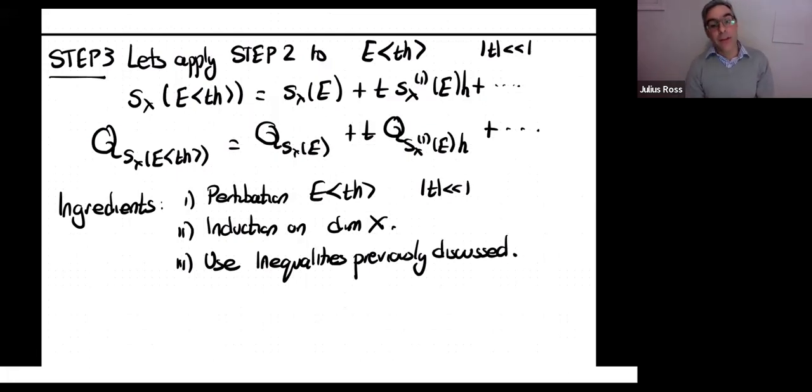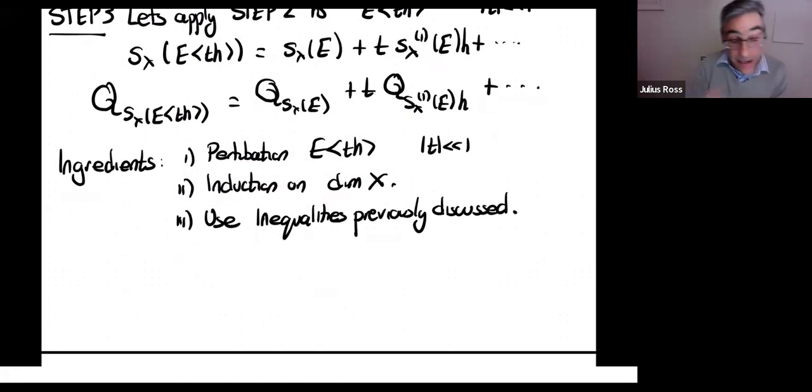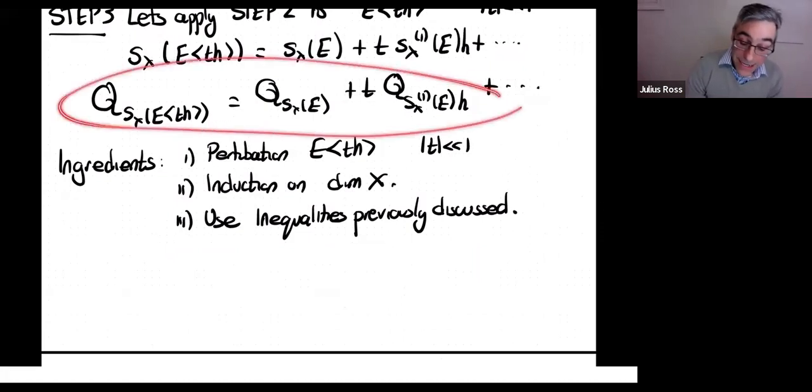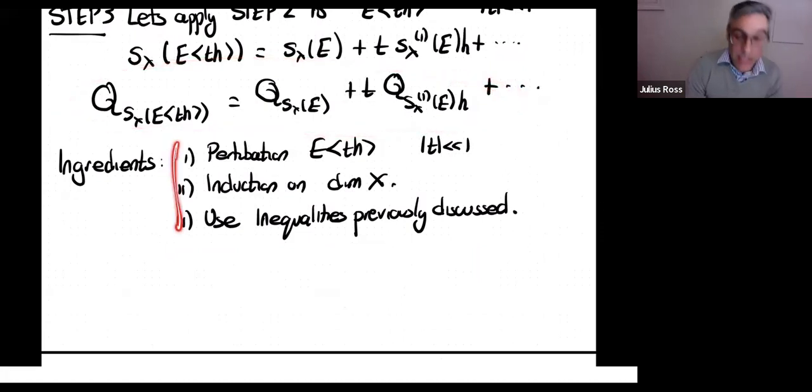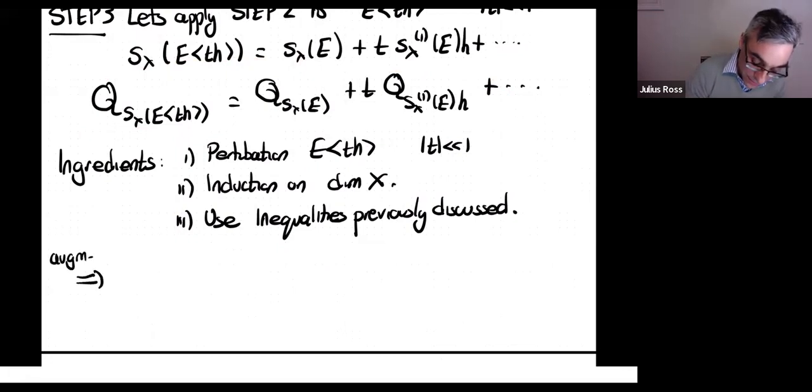So now I really do have a lot. I have these families of bilinear forms that have all of these properties. I understand what's happening under perturbation. The leading terms have got some sort of induction, and then each of them themselves have these kind of inequalities. And what Matej and I have done is we've developed this sort of linear algebra machine that says if you have these kinds of families of bilinear forms with these particular properties and the weak Hodge-Riemann property, a process that, for lack of a better name, I call augmentation.